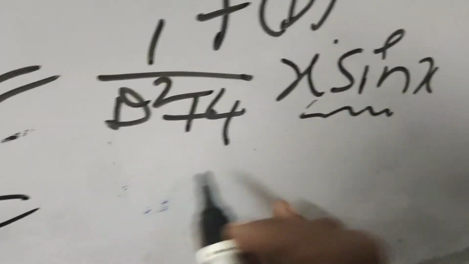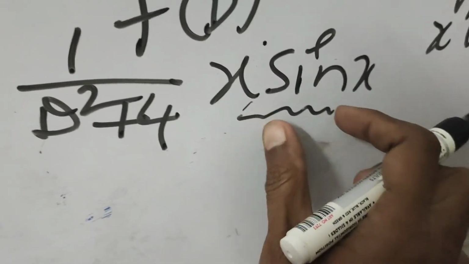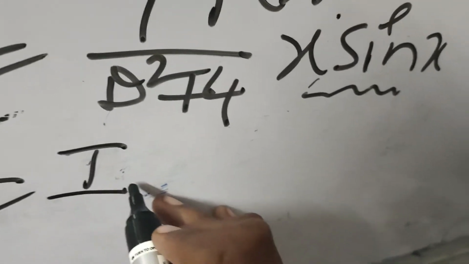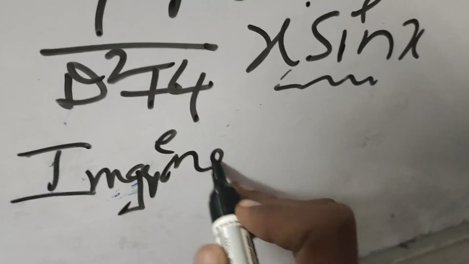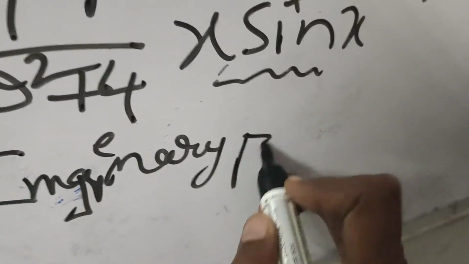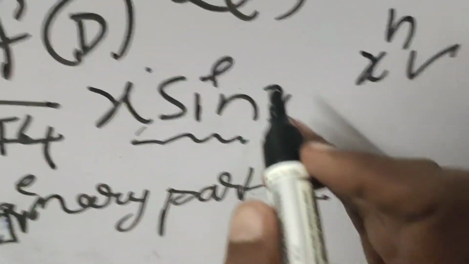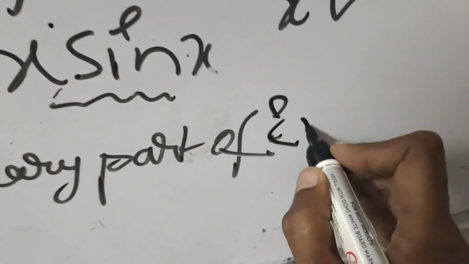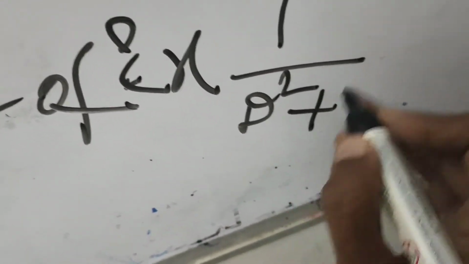First, sin x means sin ax. Sin ax means write the imaginary part of e^(iax). Here a is 1, so the imaginary part of e^(ix), 1 by (D² + 4) into x.